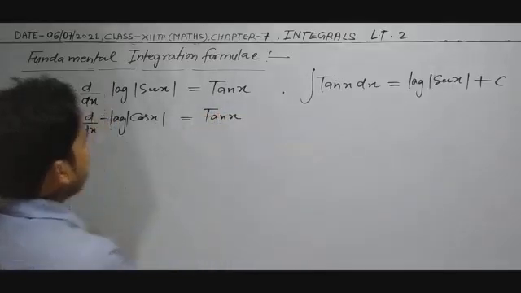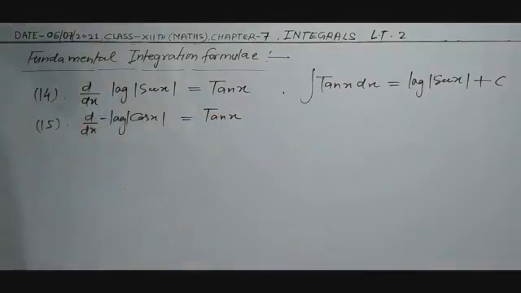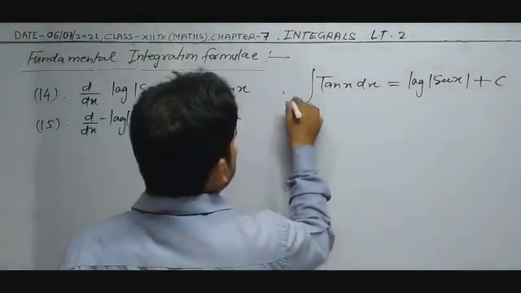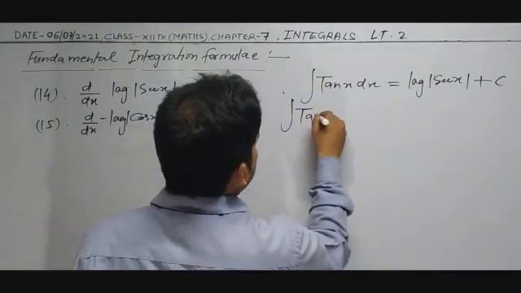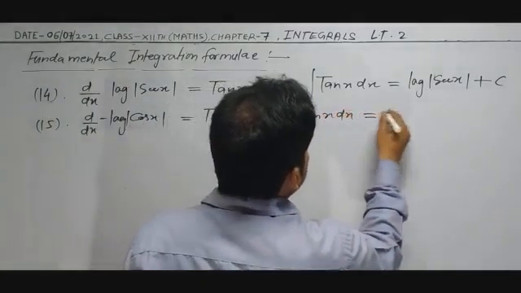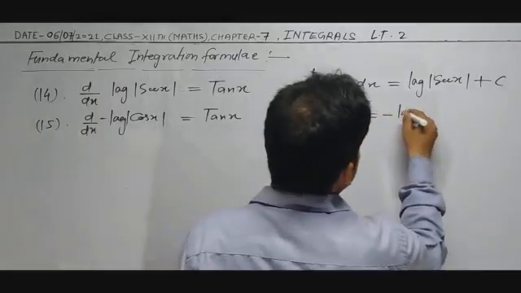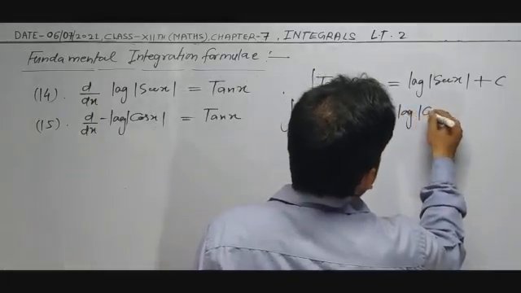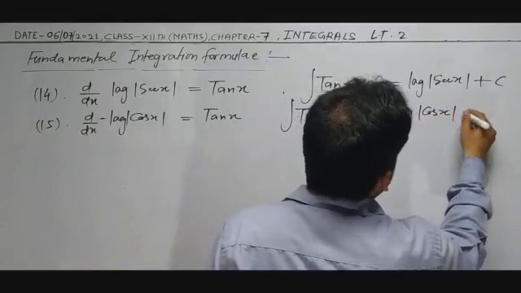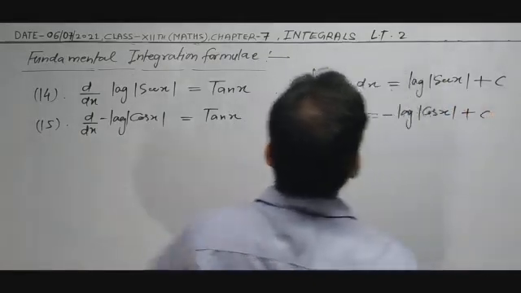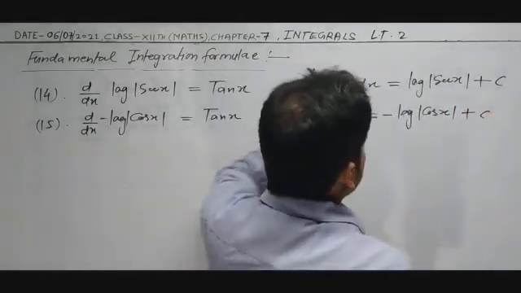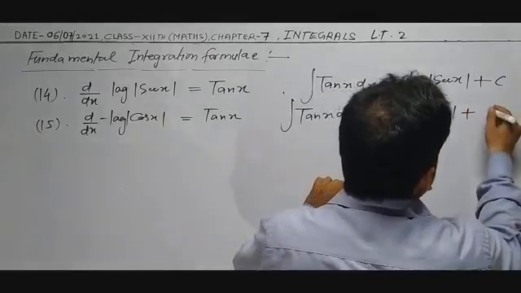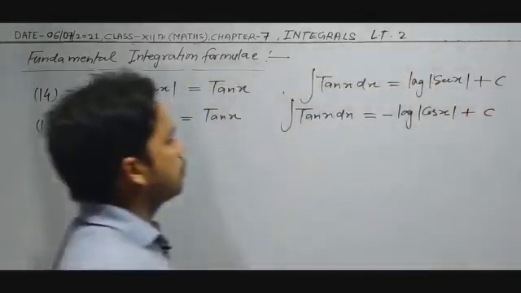Its result is the same. So you can write integration of tan x dx is equal to minus log of cos x plus c. Means for integration of tan x, there are two possible forms, with plus and with minus sign.